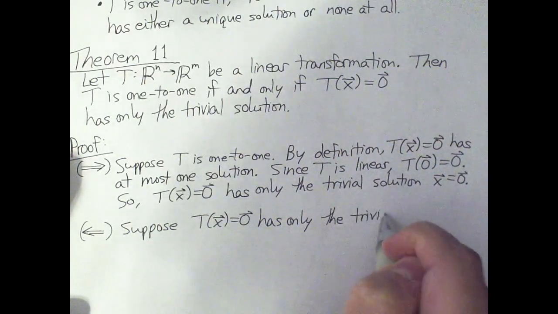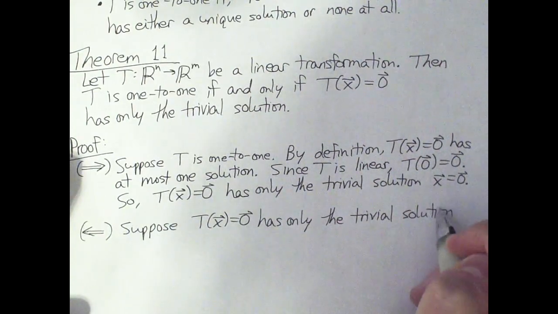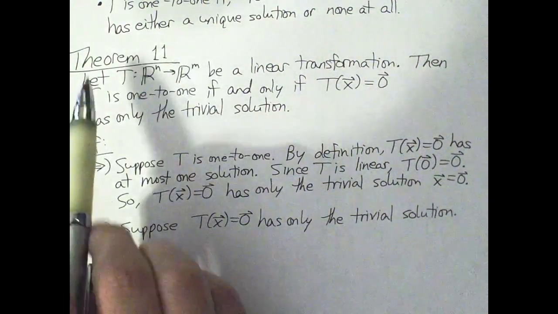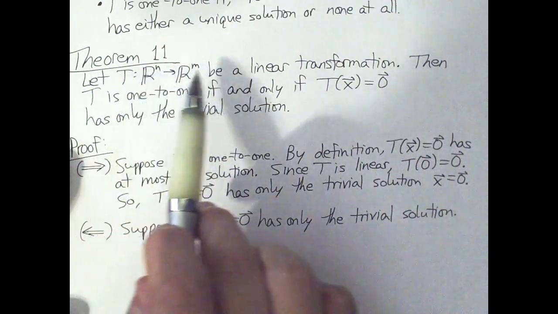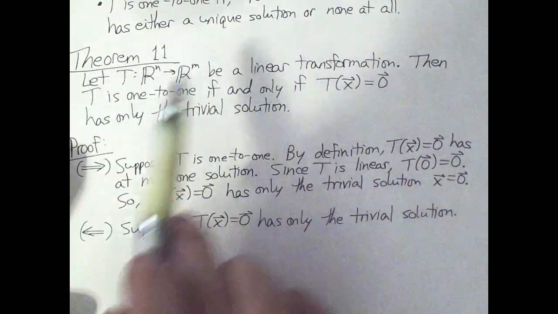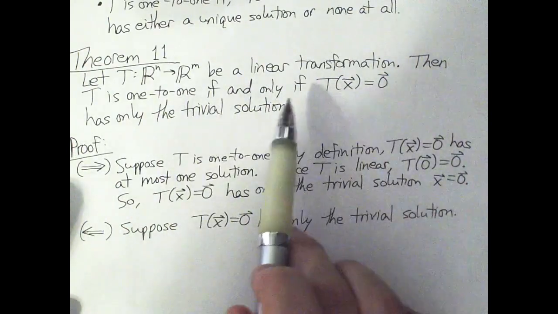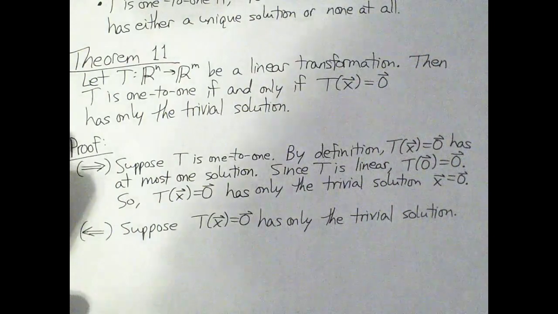Now, it's an if and only if proof, so we're starting from this direction and moving in the other direction, but we can still use the fact that T is linear. T being linear is a separate sentence of its own. It's not a part of this biconditional. So we could still use the fact that it's linear.